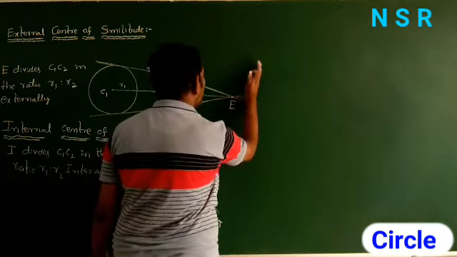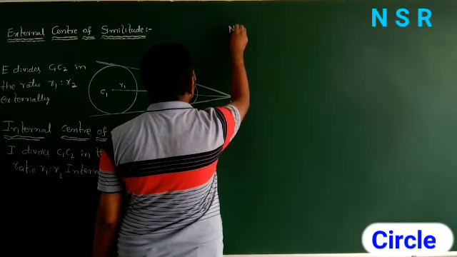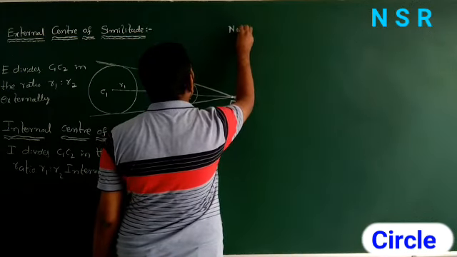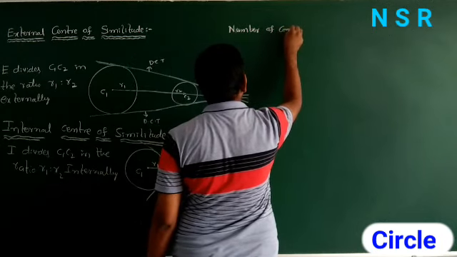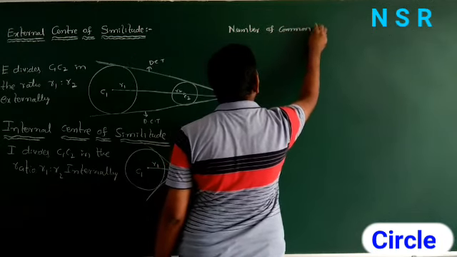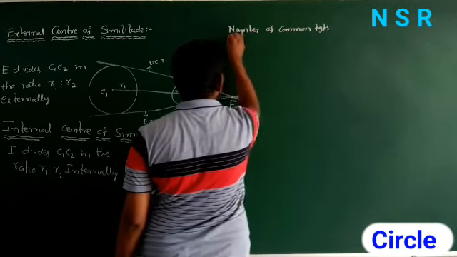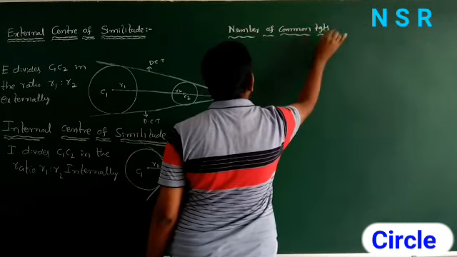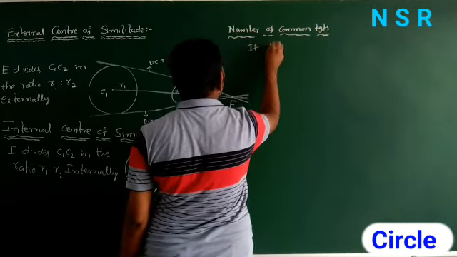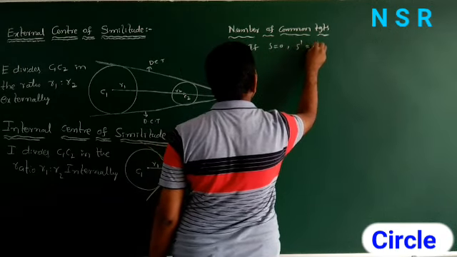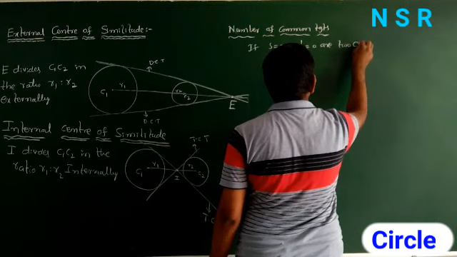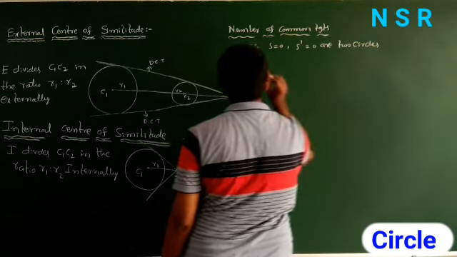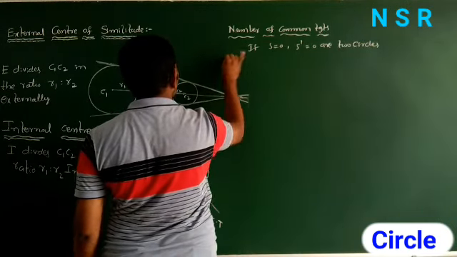Next, how to find the number of common tangents. Here, if S equal to 0 and S dash equal to 0 are two circles, in the question also two circles are given, find the number of common tangents. How to find?